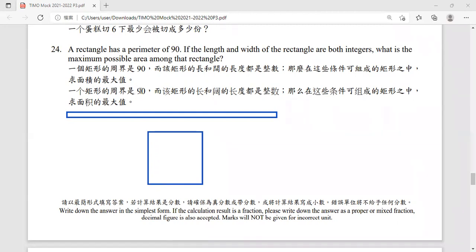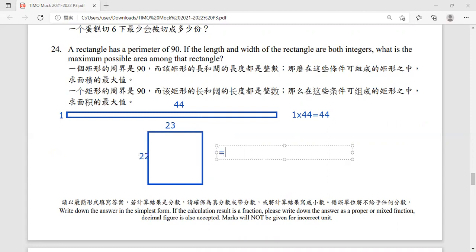Because the perimeter means length and breadth added together and times 2, half the perimeter will be this one. So in this case, we have 1 here and we have 44 here. Okay. So the area here is 1 times 44, which is 44. And how about this one? If I make it almost a square, we have 23 here and 22 here.